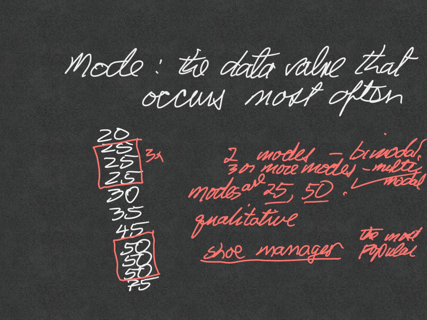So for men's shoes, you're going to order lots of 10s and 11s because that tends to be what most people have for their foot size. However, for women, you're probably going to order lots of 5s and 6s, I think. 6s for sure, maybe 7s too. And so you would tend to focus on the mode because those are the ones that would sell the most. All right? Okay, that's mode.